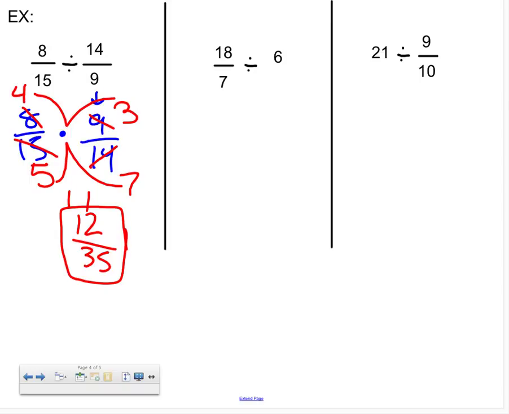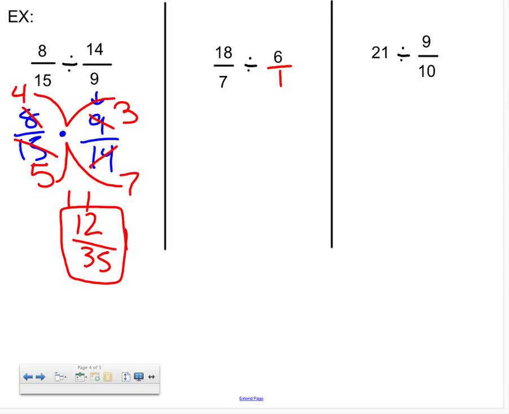Again, it's flip and then multiply, and once you get to the multiply step, it's just whatever you know about multiplication. So if you can multiply fractions, you can divide them just the same. And just as before, if you have a whole number, you just put that thing over 1, and now you have a fraction.